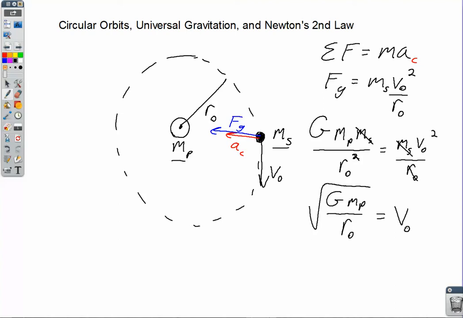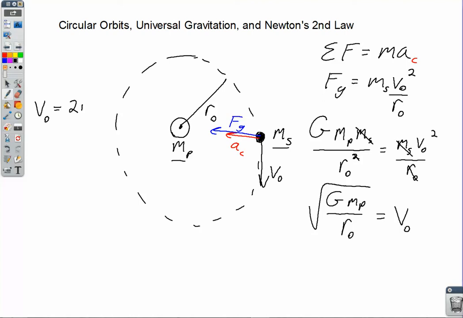Now, to get something useful for the orbital period, we first have to remind ourselves that the orbital period is the amount of time it takes to go once around the orbit. So let's see here. We're dealing with a velocity, and the general equation for velocity is distance divided by time. So this orbital velocity is going to be the distance traveled once around.